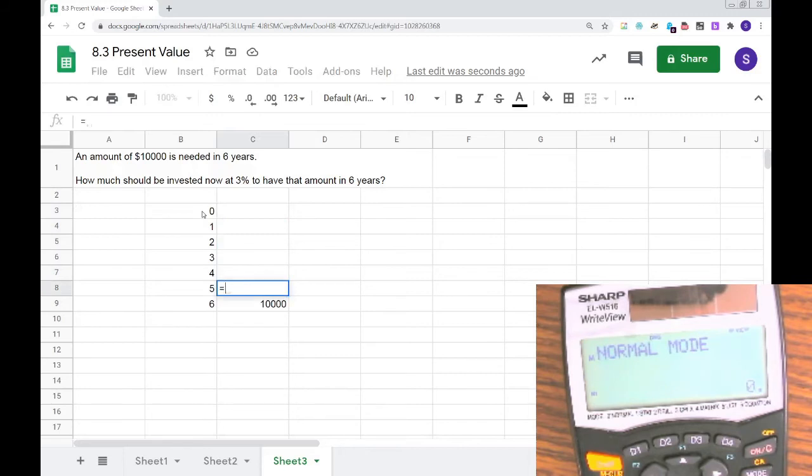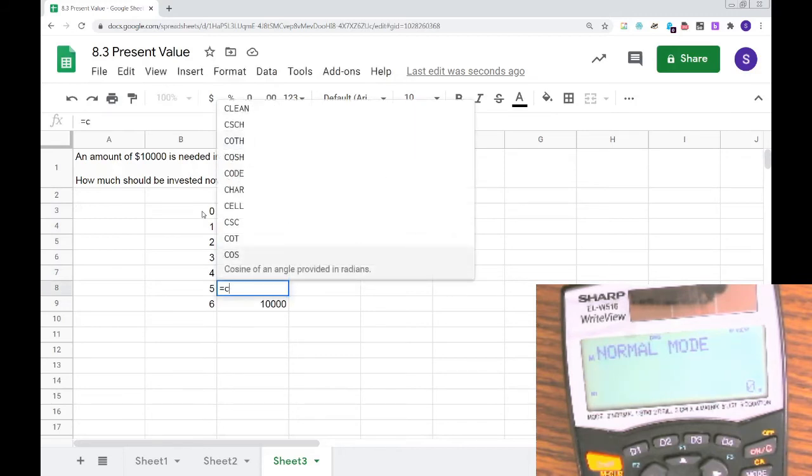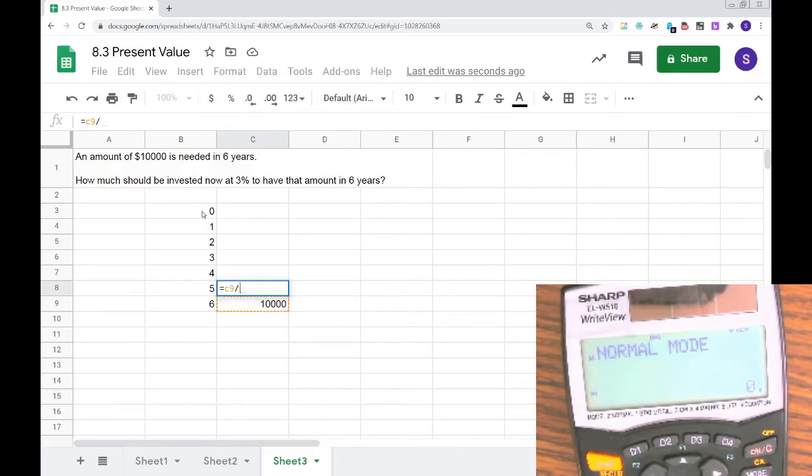So I'm going to take C9 and I'm going to divide it by 1.03 to figure out how much I need 5 years from now. If I continue the pattern, this is how much I need in 4 years. This is how much I need in 3, in 2, in 1, and today.